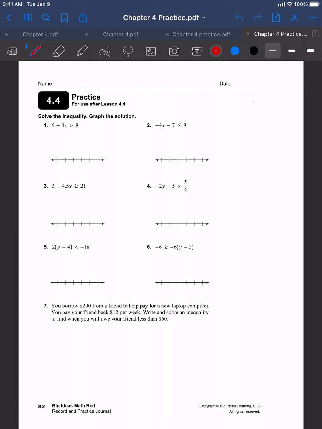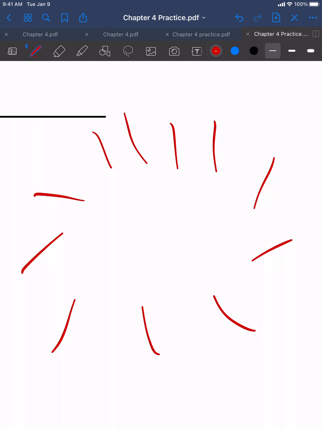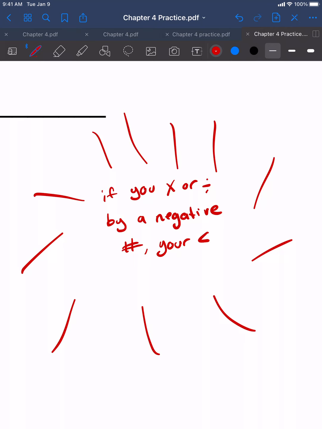My number one thing I have to remember, though, you guys wrote it in your notes with sparkles and cool things all around. What is it? If you multiply or divide by a negative number, your inequality will flip. How about that?